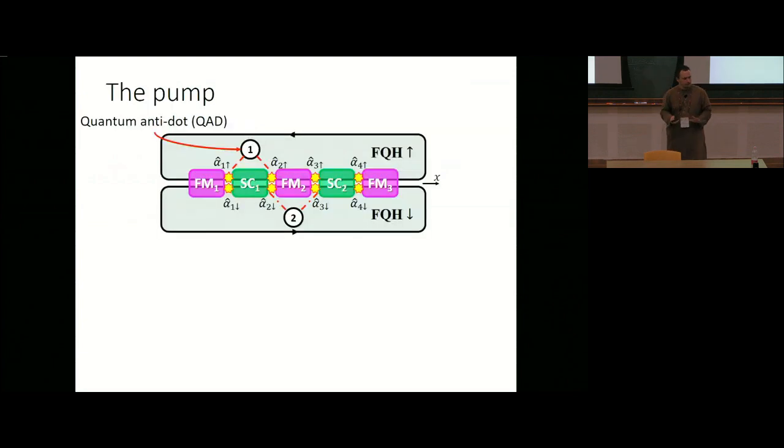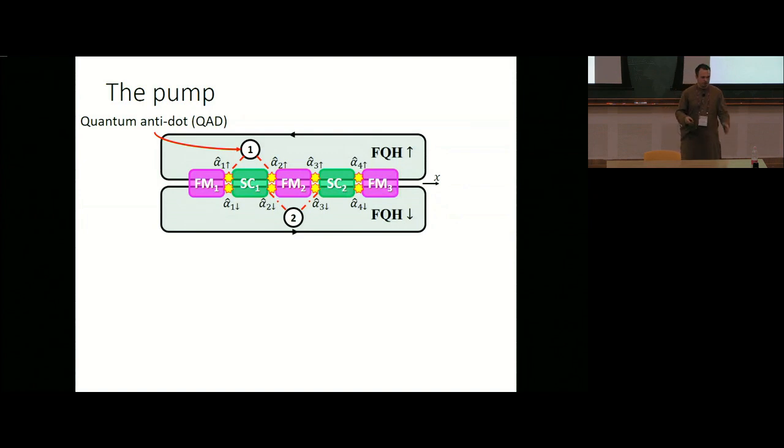This is the pump in its full glory, but we're going to take it piece by piece. We recognize the 2 quantum Hall samples. We recognize the edges with the domain structure. We recognize the Parafermions. So in fact, we know almost all the ingredients. The new ingredient is the quantum antidot.